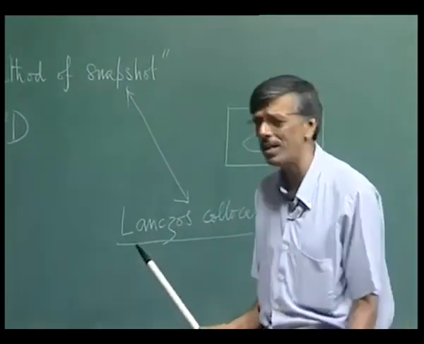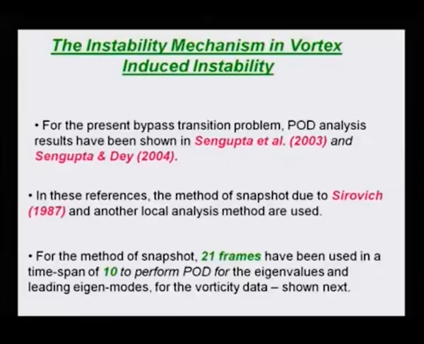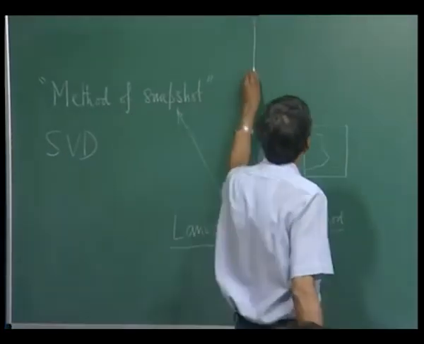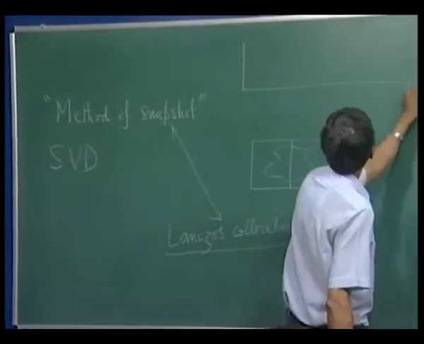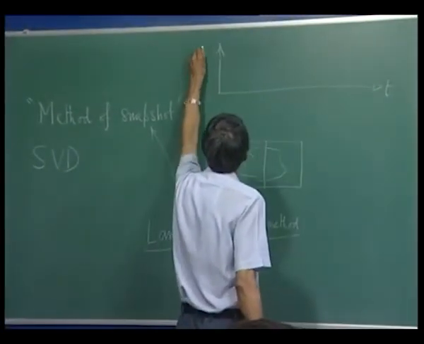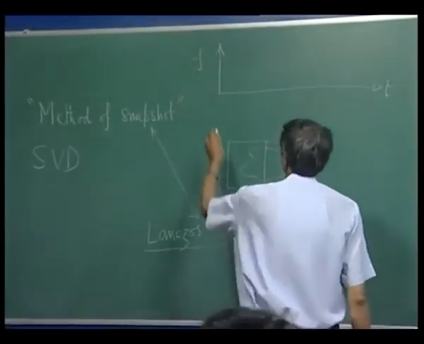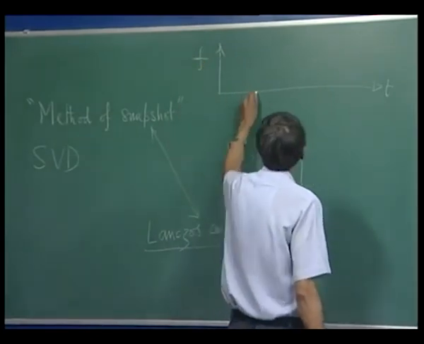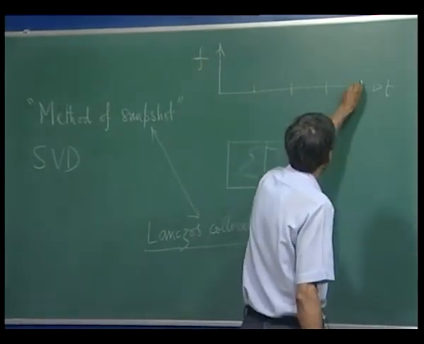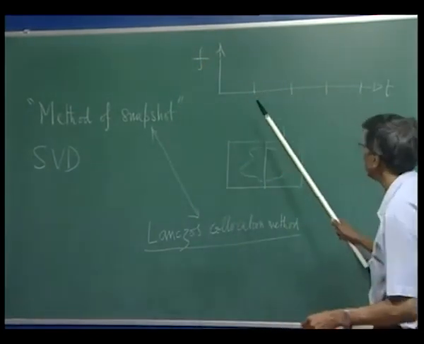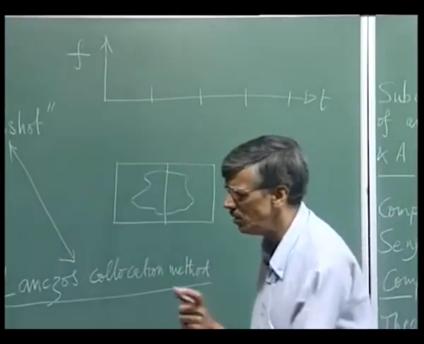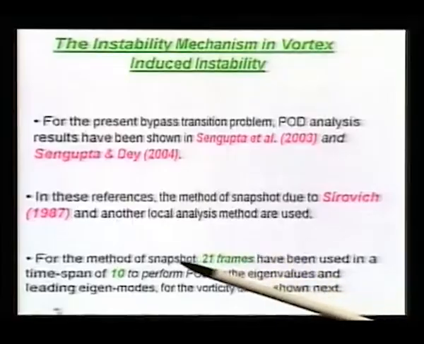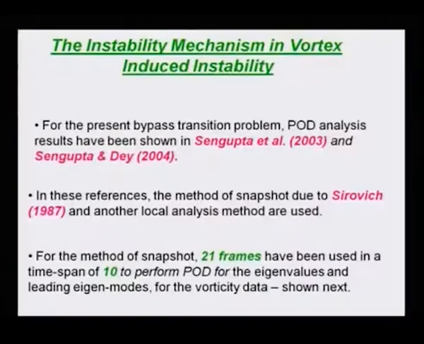Let us look at what we can do in studying vortex induced instability. What we do is basically we take the time series. So, if this is the time and we have some physical function, say f, and then we look at intervals of 10, and if we look at this time span of 10 and then simply take 21 frames.